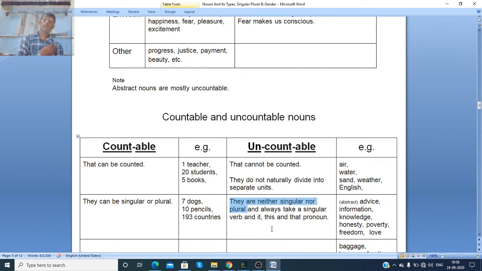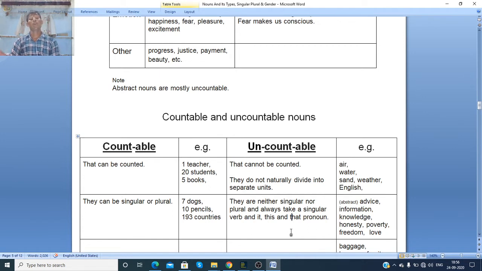But we always use a singular verb and the pronouns it, this, and that. Countable nouns can be counted, they can be singular or plural. Uncountable nouns cannot be counted, so these are neither singular nor plural.